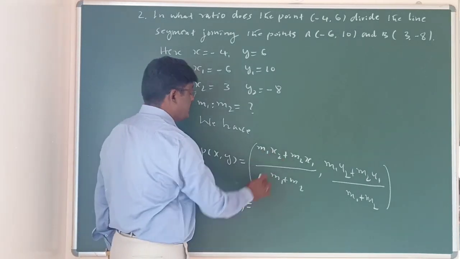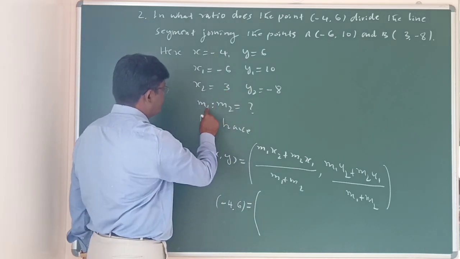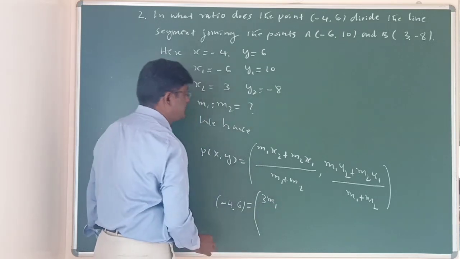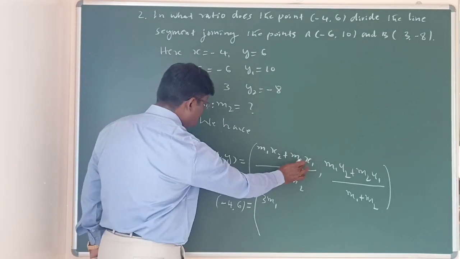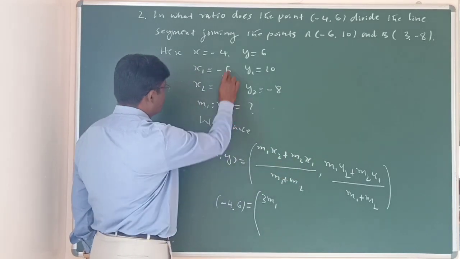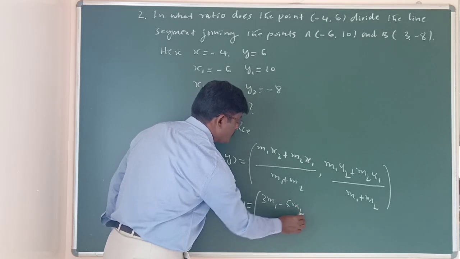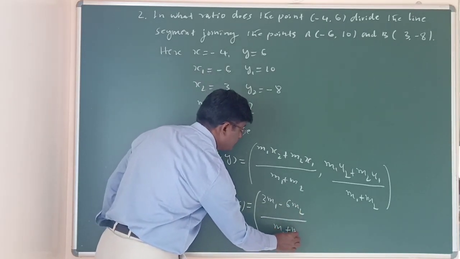Next m1 x2, that is 3 m1, plus m2 x1, that is -6 m2, divided by m1 plus m2. Both are unknown.